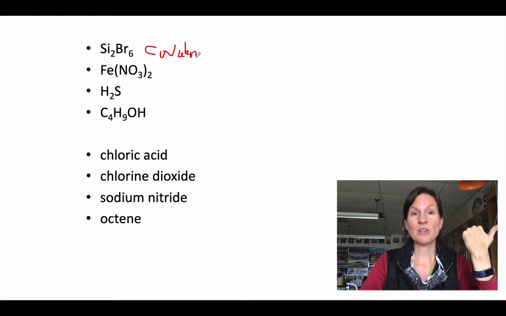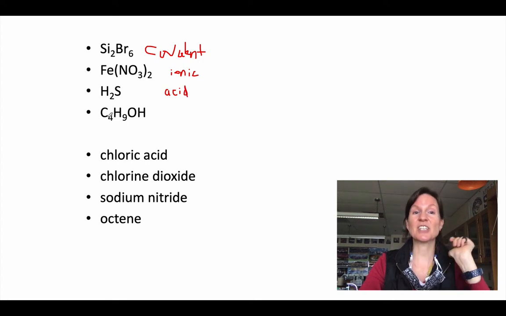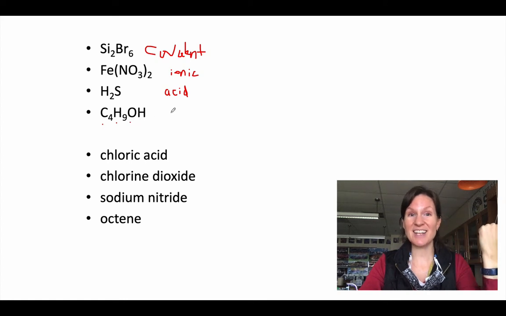For the next one, FeNO3, iron, right away, boom, it's a metal, so that one is going to be ionic in terms of how I name it. Next one, I see it starts with a hydrogen, and anything that starts with a hydrogen is going to end up being an acid in terms of how I name it. And then the last one, I just have carbon and hydrogen and oxygen in the bond and nothing else, so that is going to fit under my organic naming structure.